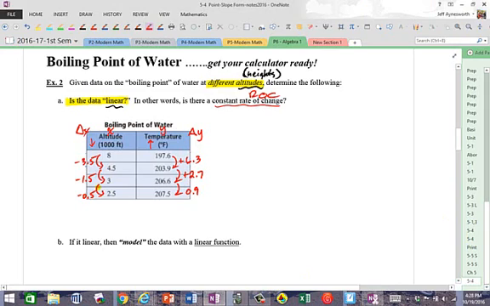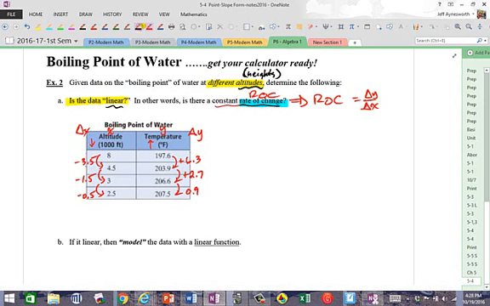So once you have these changes here, which are all different, by the way, how do you tell if the rate of change is constant? I'm talking about this. Is the rate of change constant? You have to understand that the rate of change is equal to delta y divided by delta x. Okay? Change in y over the change in x. So let's calculate that. So let's do some rate of changes here.